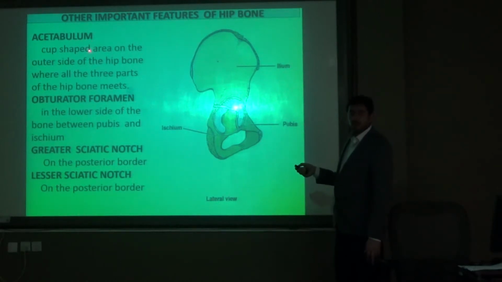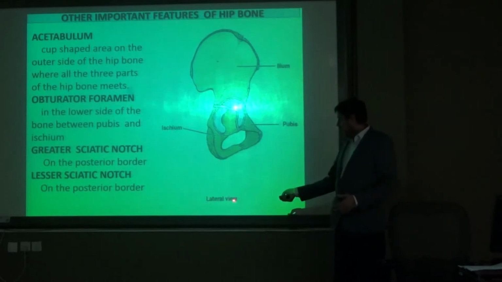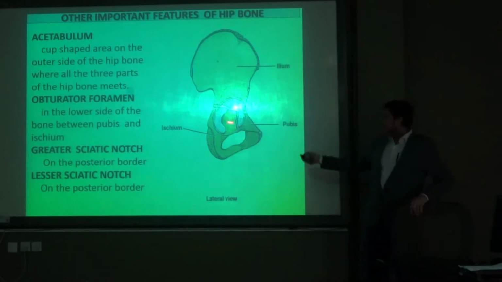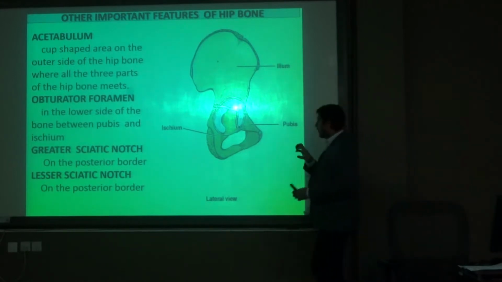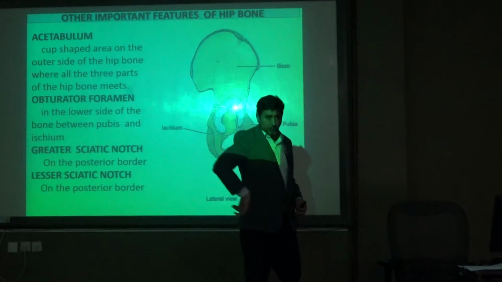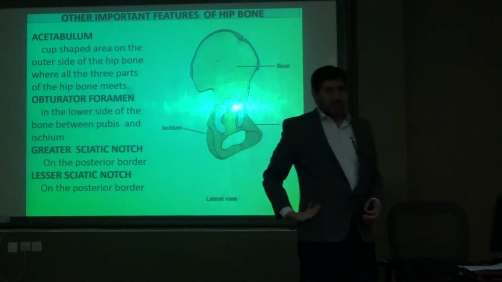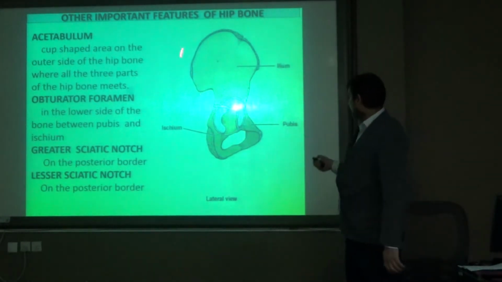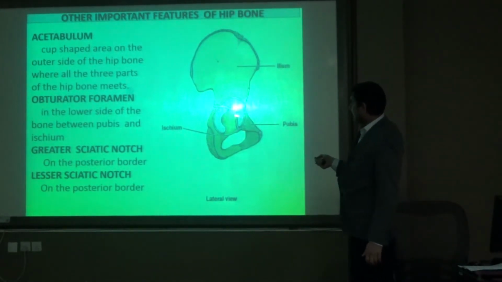Acetabulum. This is the acetabulum. A cup shaped area on the outer side, lateral view, not inside. On the lateral side, in the cup, you will find the attachment of the femur. The femur head is going inside. It is not going from inside, it's going from the lateral side. So this is the lateral view. On the medial side you will not find this one. On the lateral side you will find it.